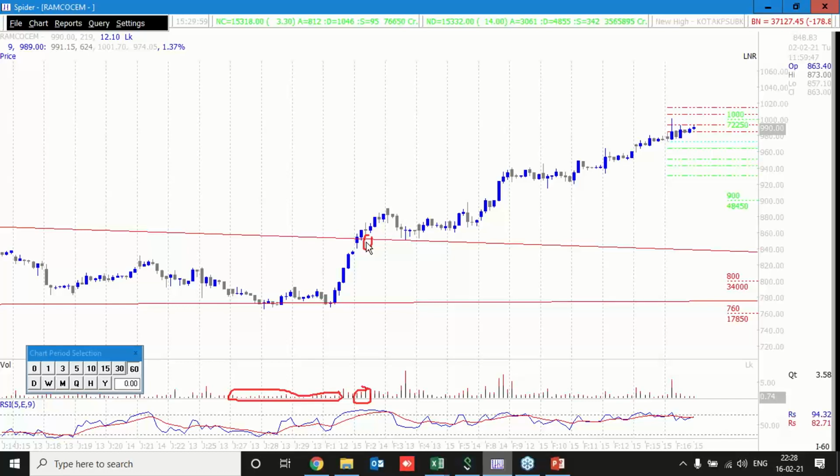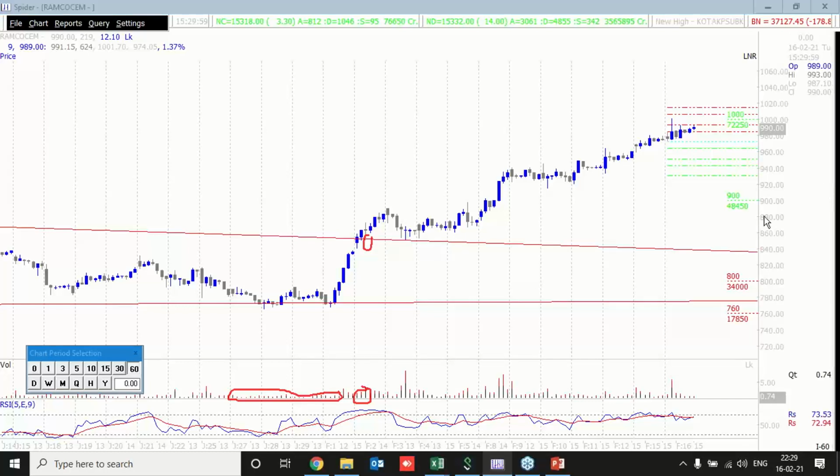The fact that there was high volume near the resistance trend line, and immediately after the breakout happened the volumes were high, gave me the confidence that the stock would go up, because it has been bought by strong hands. Even if there is a dip, the strong hands would come back to buy even more.